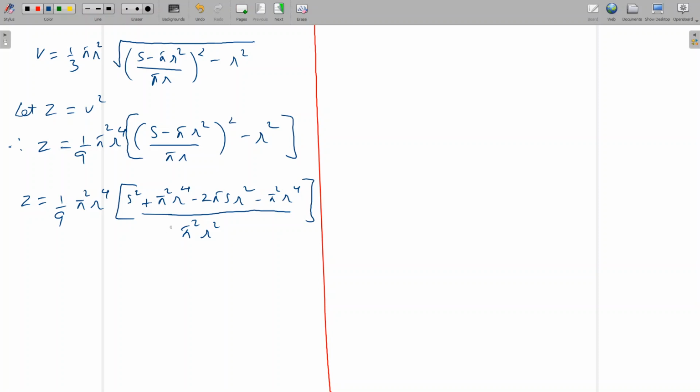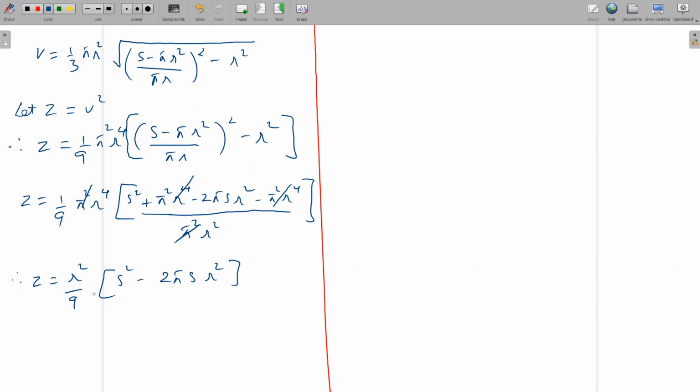So pi square and pi square cancel out, and also R raised to 4 will be divided by R square. So we will be getting, therefore Z equal to R square by 9, and this will become S square, and here pi square R raised to 4 minus pi square R raised to 4 both cancel out. So this will become S square minus 2 pi S R square.